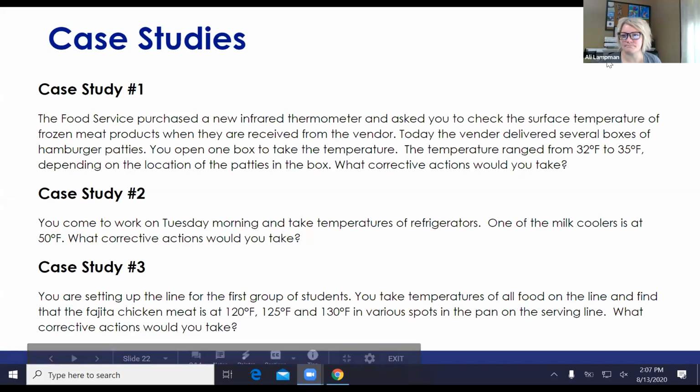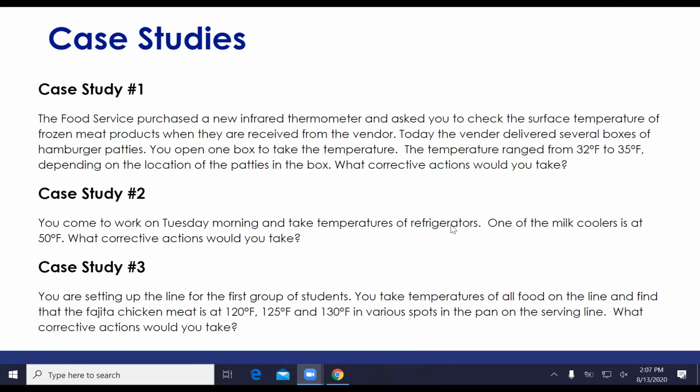Thanks. Okay, sorry. Does anybody want to talk about what they would do? If you don't, I'll just go over some things. Any takers? Okay. There are several steps you could take. You could open another box of the patties and check several temperatures. Report the situation to your food service manager, director, or supervisor.